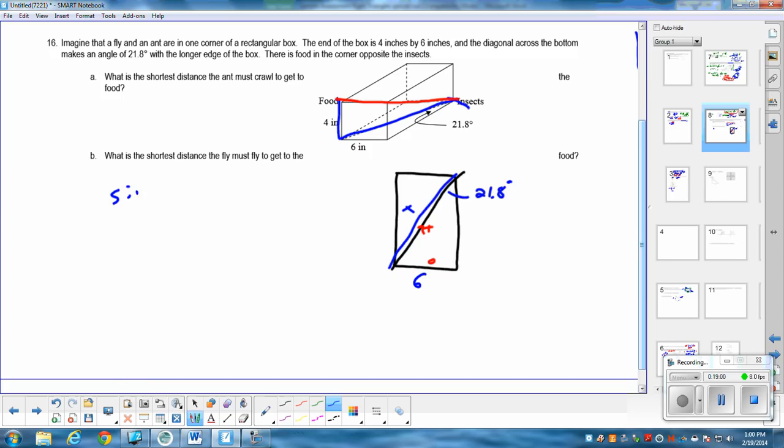So the sine of 21.8 degrees equals the opposite, which is 6, over the hypotenuse, which we don't know. We're going to multiply both sides of this equation by x, and we are going to divide both sides of this equation by the sine of 21.8. That looks like we're just switching them around, which is a shortcut you can use if you'd like.